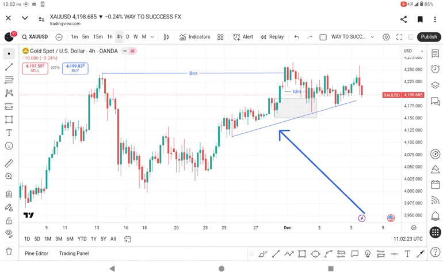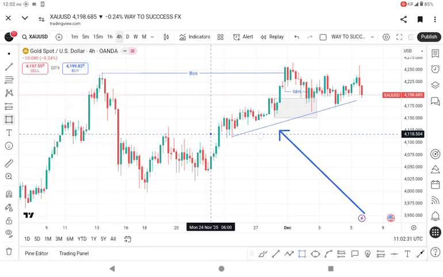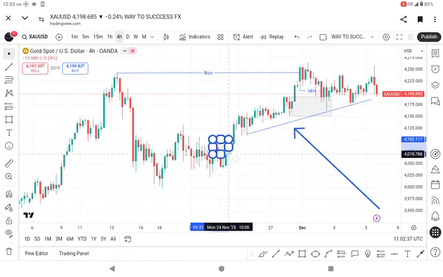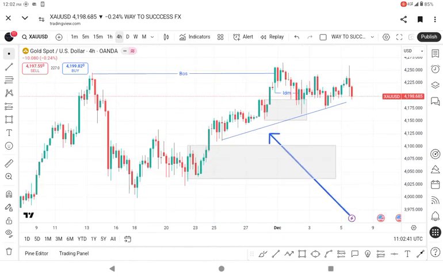So where am I expecting price to reverse and continue going to the upside? This is my POI, where I'm expecting price to react at this order flow sitting here.